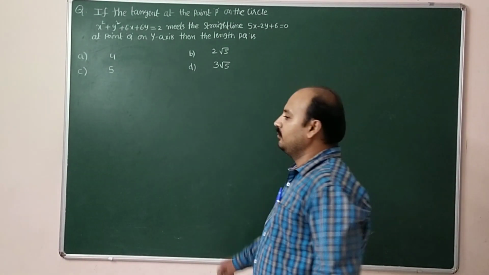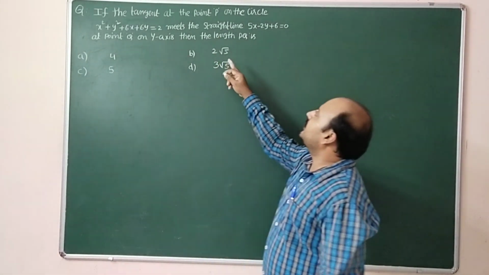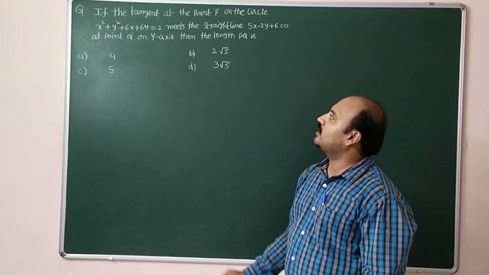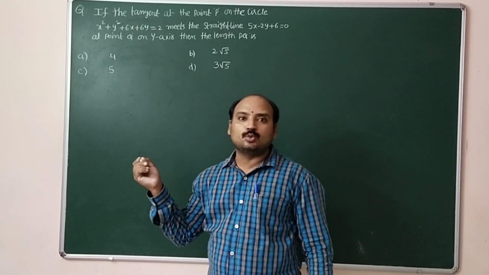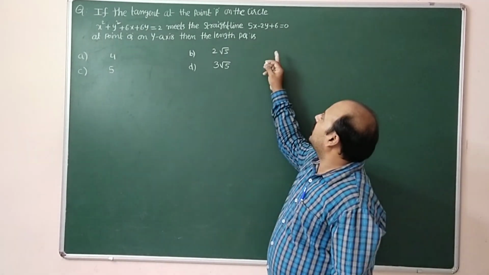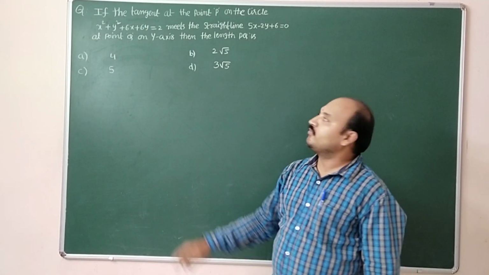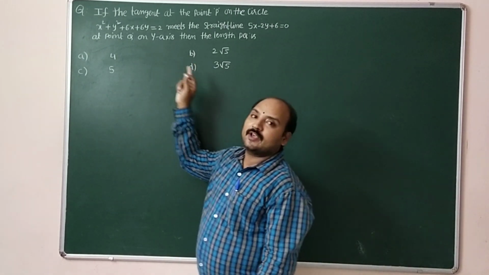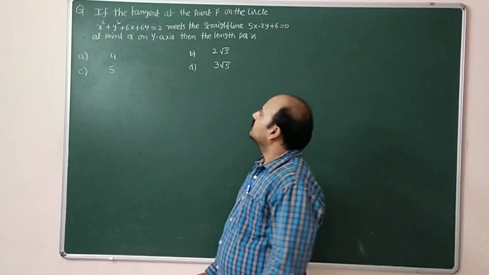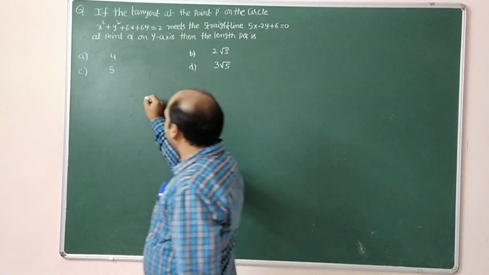The next question. If the tangent at the point P on the circle x square plus y square plus 6x plus 6y equal to 2 meets the straight line 5x minus 2y plus 6 equal to 0 at the point Q on y-axis, then the length of PQ is. So this is the circle equation. Observe carefully.